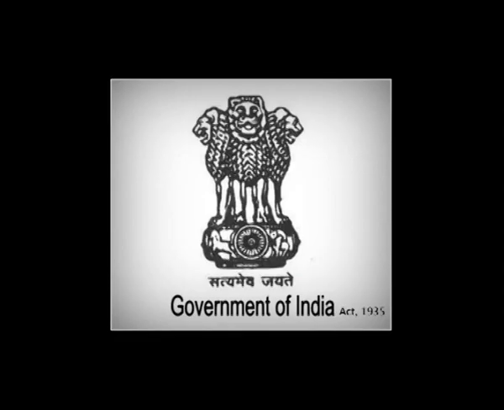They direct the state to establish a welfare state and to render socio-economic justice to all citizens of India. The idea of such non-justiciable rights was borrowed from the Instrument of Instructions of the Government of India Act 1935 and also from the Irish Constitution.